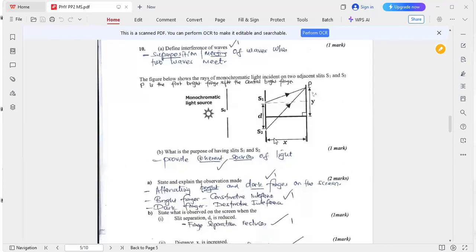So here we have a process of interference in light. The figure below shows waves of monochromatic light incident on two adjacent slits S1 and S2. P is the first bright fringe, this one here, after the central bright fringe. The central bright fringe is this one in the middle.